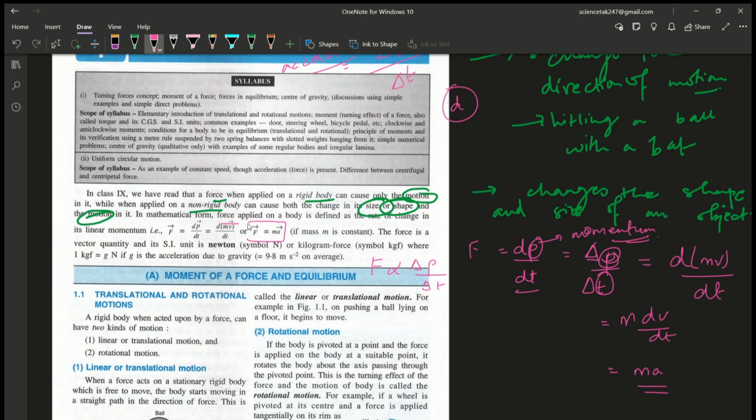Force is a vector quantity. What is a vector quantity? That which has direction, as we've learned in the junior classes already. Now, as a science person, if I would have to give a detailed explanation of a vector, I would say it obeys the vector law of addition.